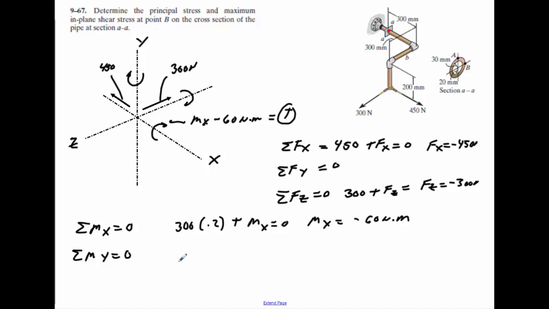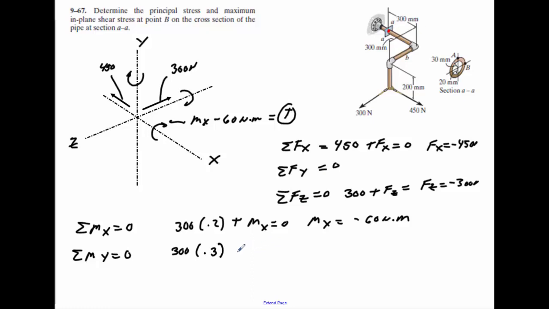So when we do it around that, we will have 300 times 0.3. Alright, so we got 300 here, and it's not this 300 here, it's this 300 times this distance here.